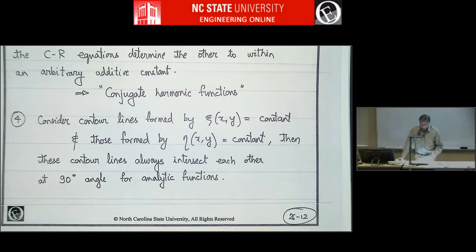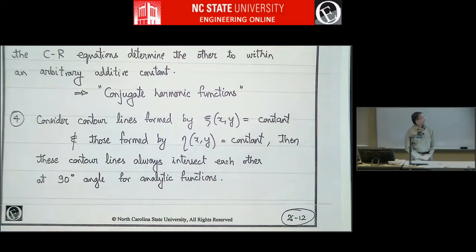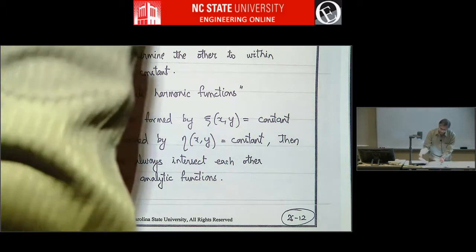Now, another consequence of satisfying Cauchy-Riemann equations is that if you take contour lines formed by psi equals constant, and those formed by eta equals constant, these contour lines always intersect each other at 90 degrees. So we saw these contour lines earlier, right?